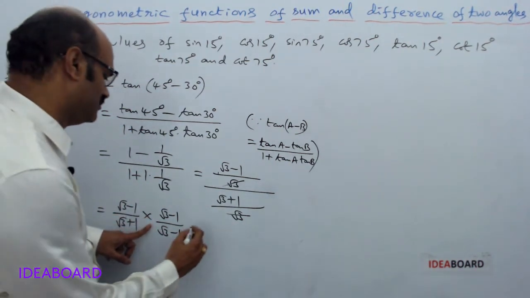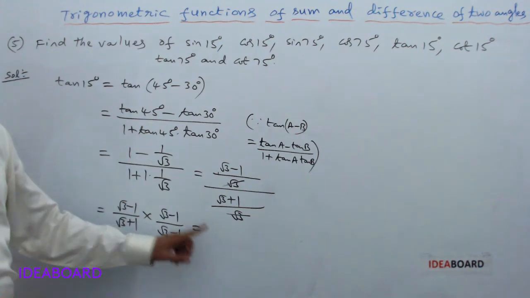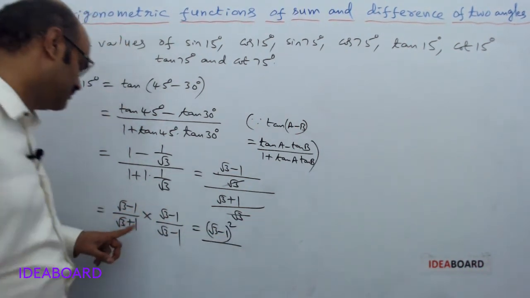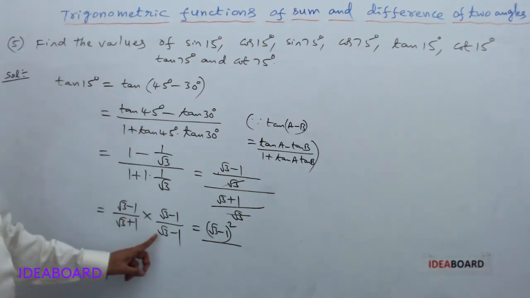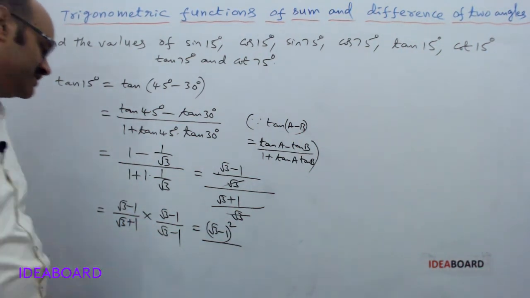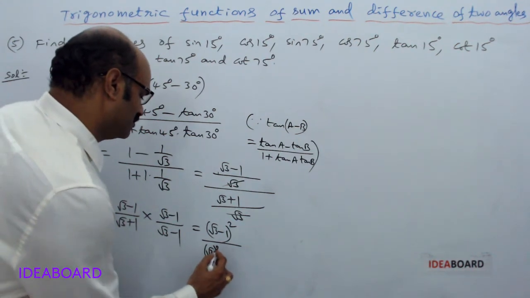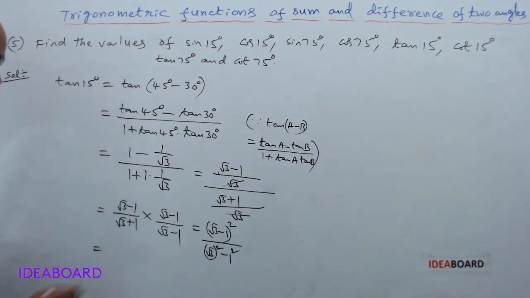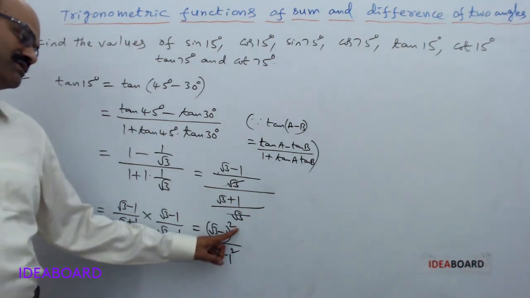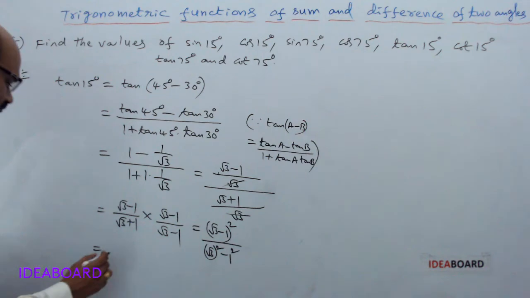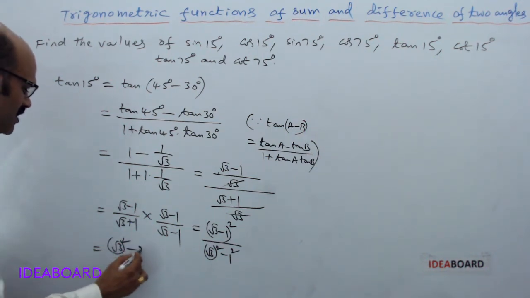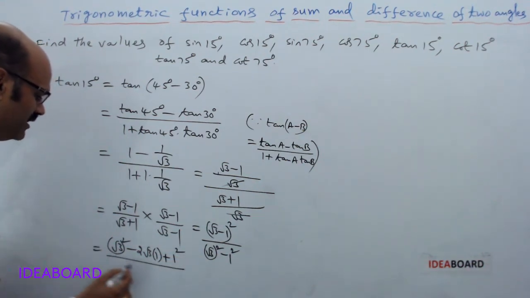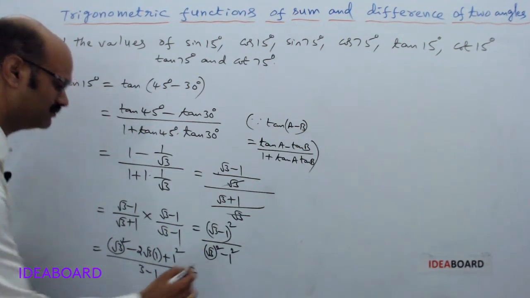So we have a into a equal to a square. Root 3 minus 1 whole square, whole by a plus b into a minus b, which is a square minus b square, root 3 whole square minus 1 square. Now using the a minus b whole square formula, a square minus 2ab plus b square, whole by 3 minus 1.